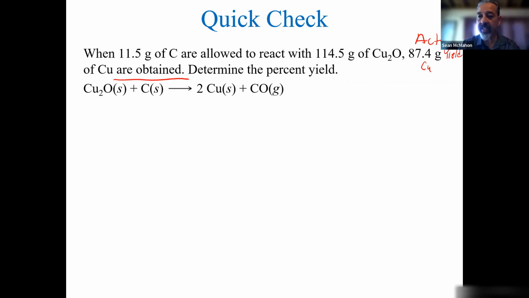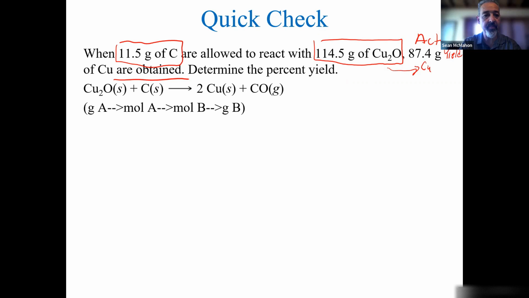To determine percent yield, we have to take the original masses of each reactant and convert it to grams of copper to figure out the theoretical yield, so we can do percent yield. Because we know what we actually got, but we want to see how good we were.